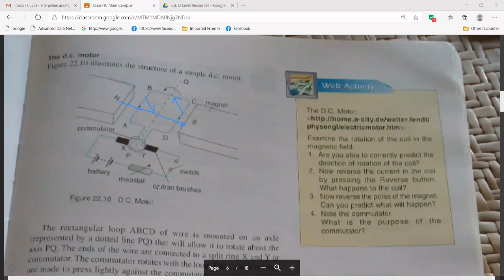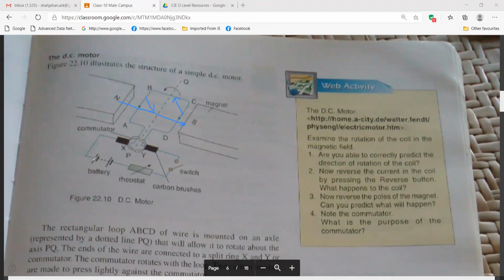Okay, look here. CD will come to AB's place and AB will come to CD's place. Then what will happen? Can you guess? Are we changing the battery connection?